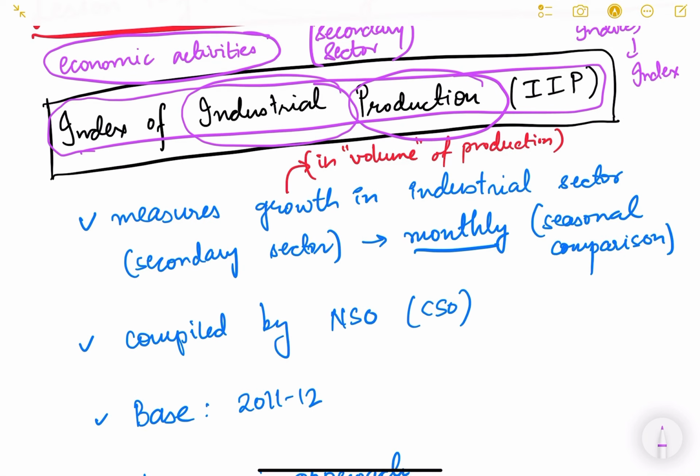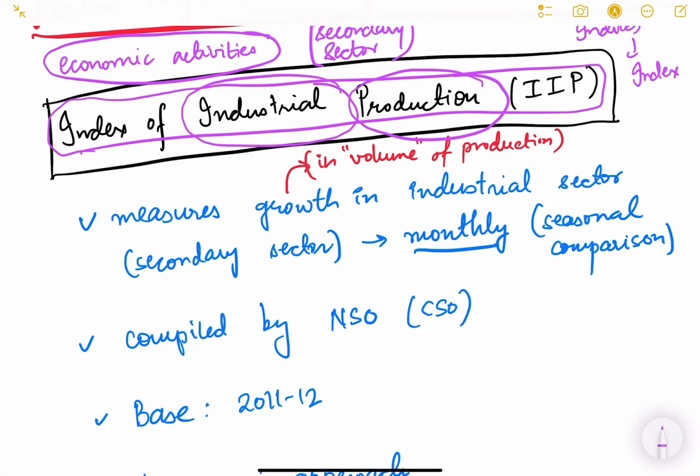Again, it is a monthly indicator. The index of industrial production is also a monthly indicator in order to look at seasonality, just as in CPI and other indicators, which we had seen are monthly because of seasonality. Industry may grow very high in the month of August, but maybe not in the month of May.